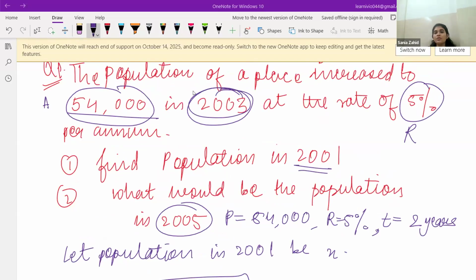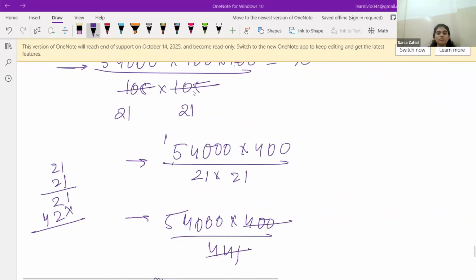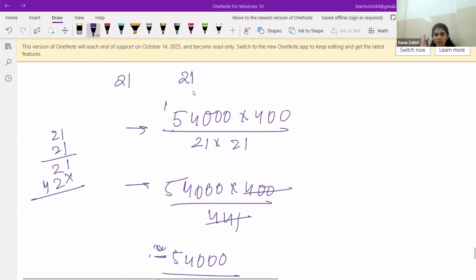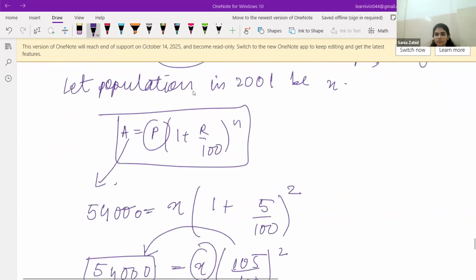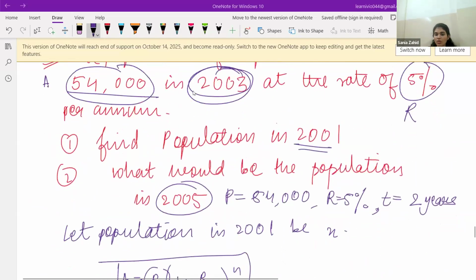No, that is not correct. Because I tell you it's near to 54,000, so it is in the range of above 45,000 and below 54,000. Okay, ma'am. Now students, do the second part.